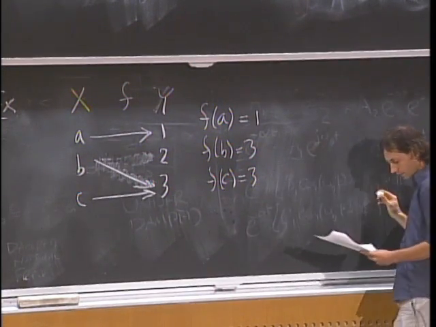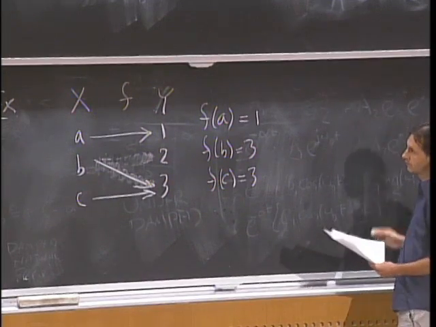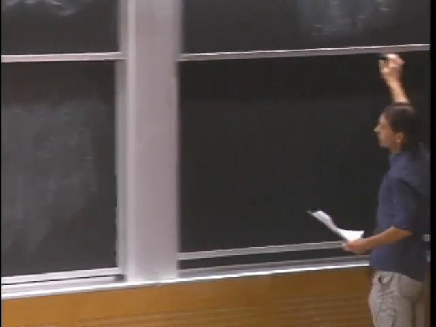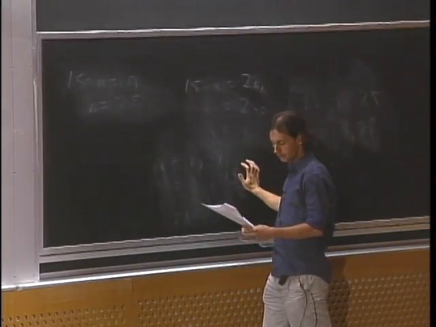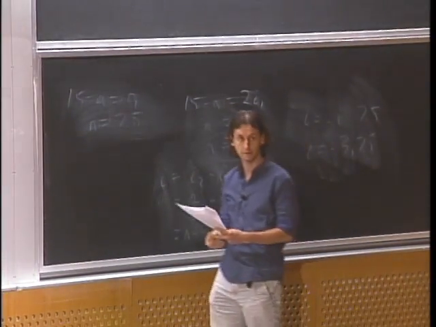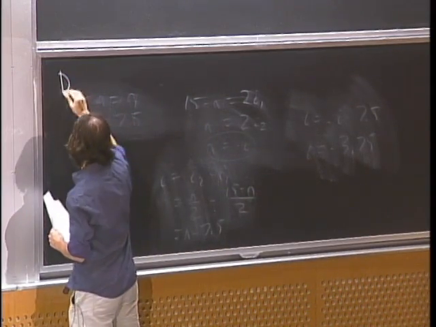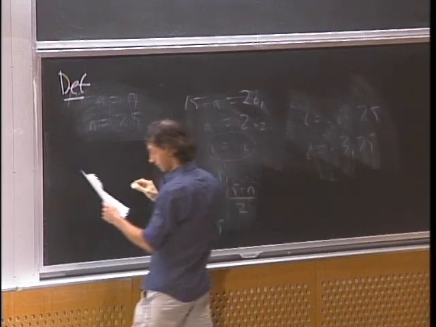So now we can talk about a few definitions. We will talk about these few properties, surjective, injective, and bijective, and then we can start to do a few interesting examples.